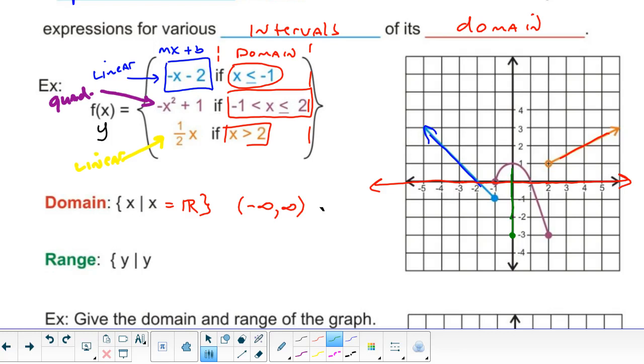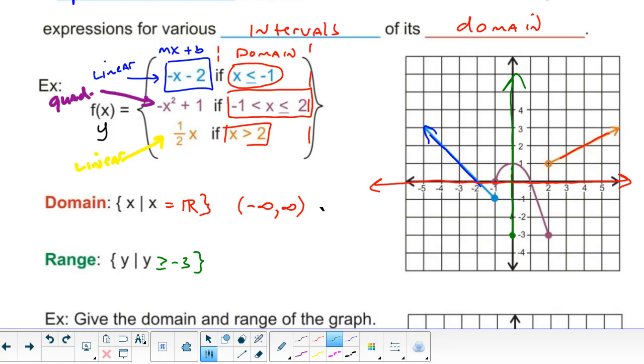Here I got 3 different possibilities, but I got y values. And because the blue, just one would be enough, but also the orange goes up forever, I have every y value continuing up in that direction. So what inequality is that? That's y greater than or equal to -3.